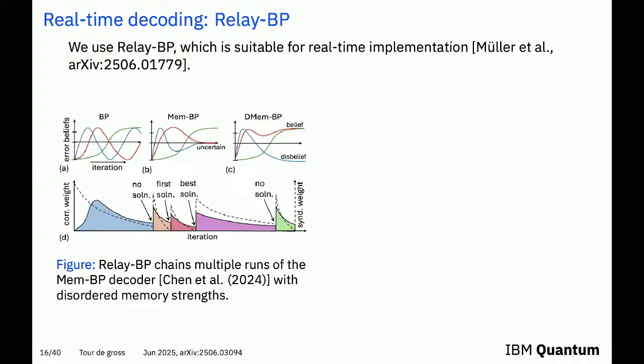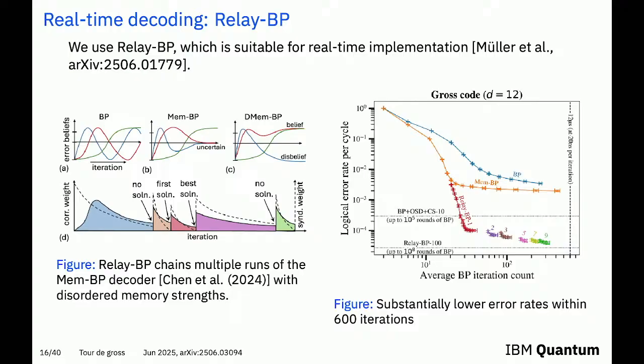And this decoder is very fast in the sense that if we allow ourselves only 600 iterations, which is roughly the real-time budget that we have for decoding, we see that relay BP achieves a much lower logical error rate than the MEM-BP decoder and the BP decoder.